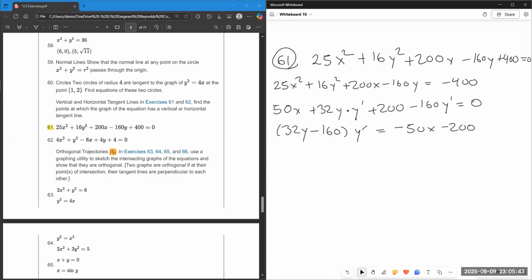I'm going to do a little bit of factoring here in a second. Y prime is equal to, let's see, negative 50 times x plus 4 over 32 times y minus 5.